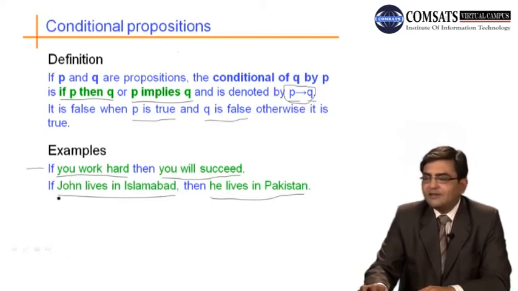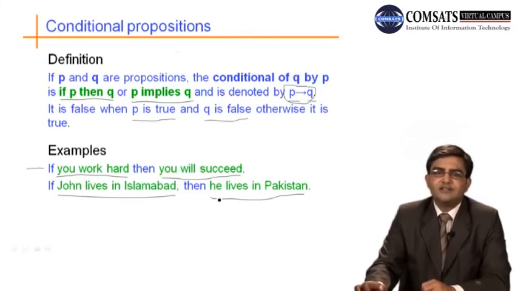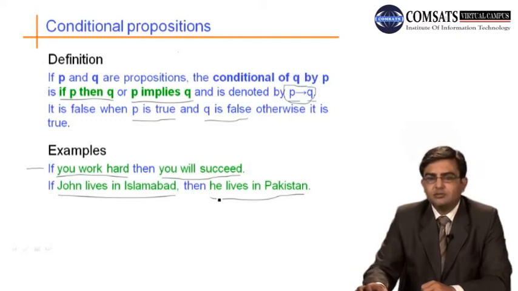There are other possibilities here. If we say that if John doesn't live in Islamabad and John doesn't live in Pakistan, then this conditional statement is also true, because hypothesis is false and the conclusion is false. In this case the conditional proposition will also be true.